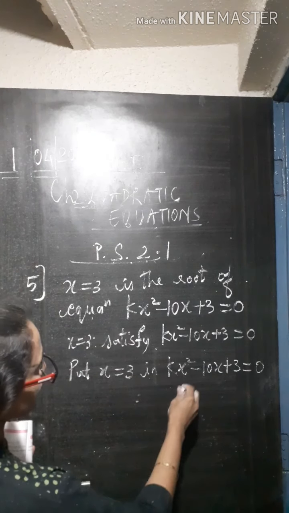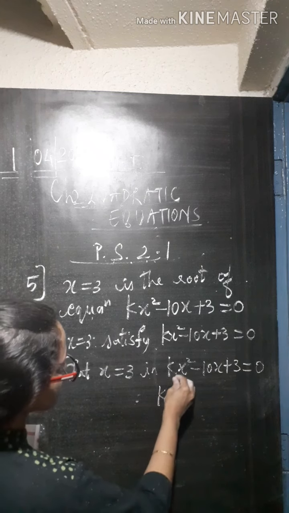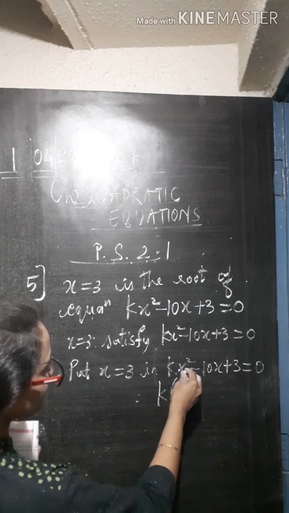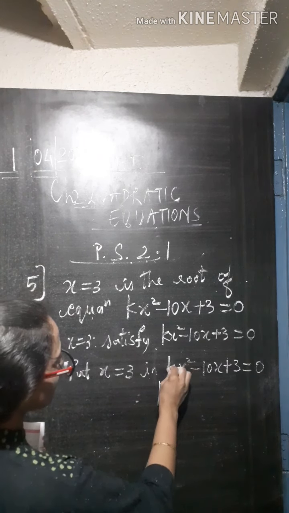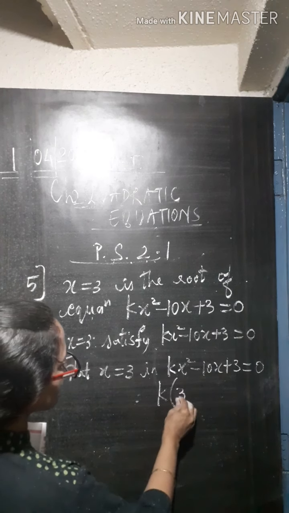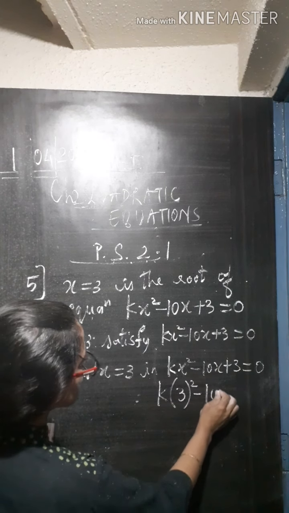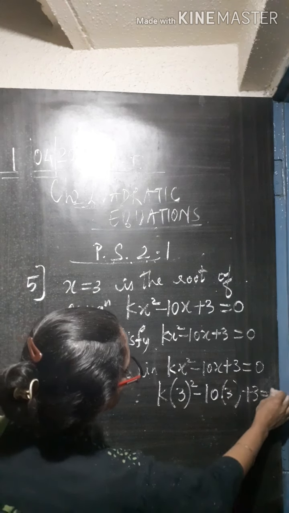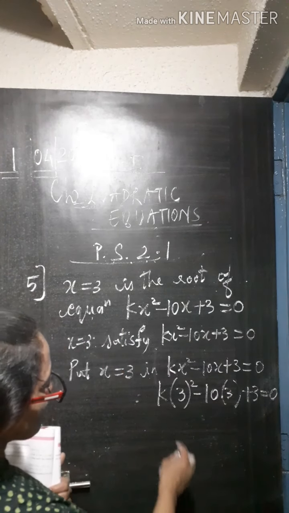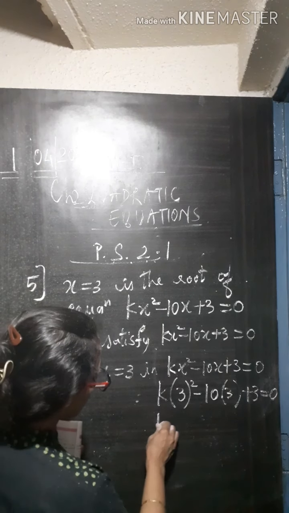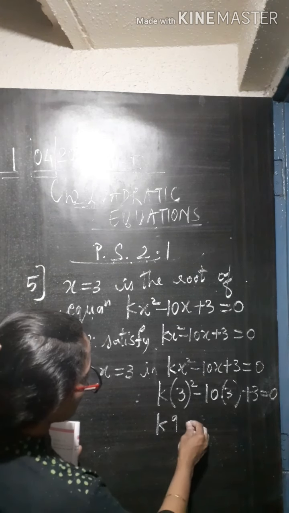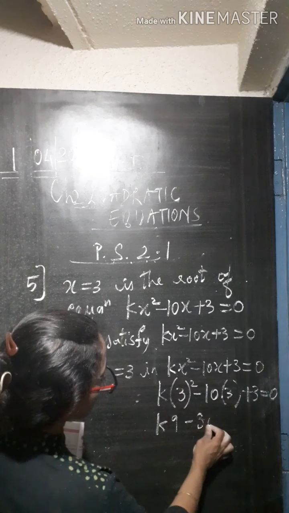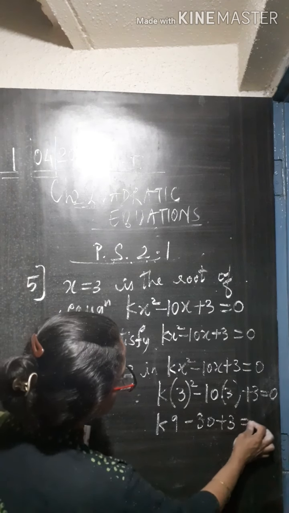If I put x equal to 3 here, k will remain as it is, small k. And what is it going to be? X square, that means 3 square. Minus 10x will be 10 bracket 3, plus 3 as it is, equal to 0. Now if I open the bracket, what do I get? K, 3 square will be 9k, minus 10 3s are 30, plus 3 equal to 0.